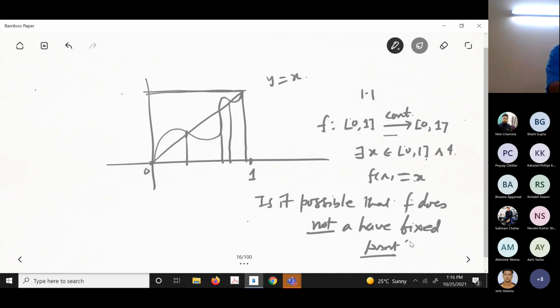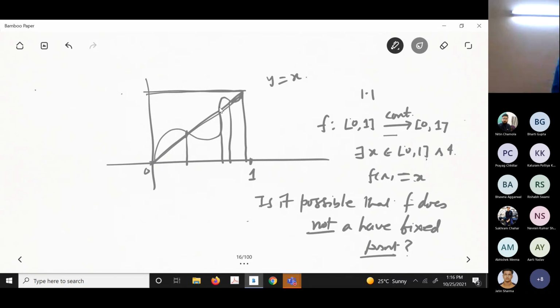I'm saying, is it possible? Look, if it doesn't have a fixed point, then you see what will happen. That means it can't cross this. It can't cross this. Then what will happen? That means either the graph will be above this line or below this line.